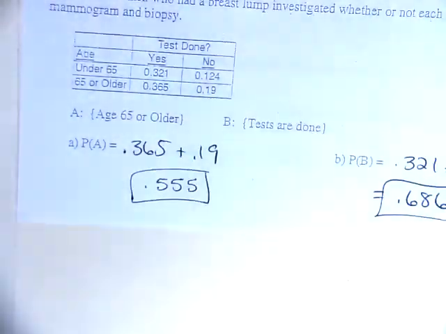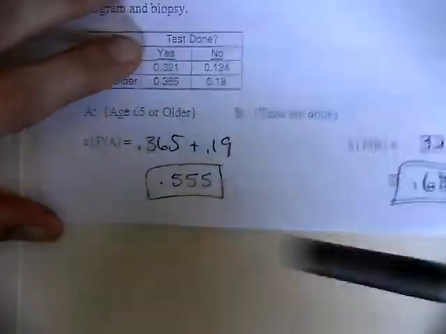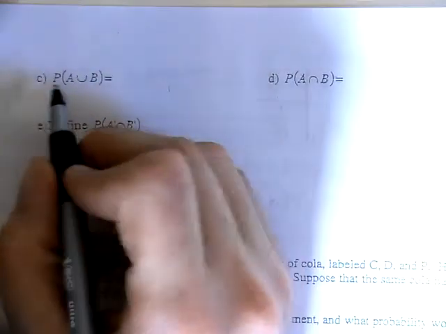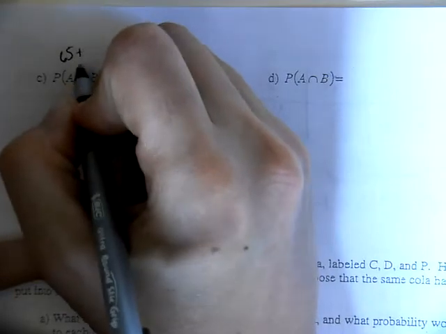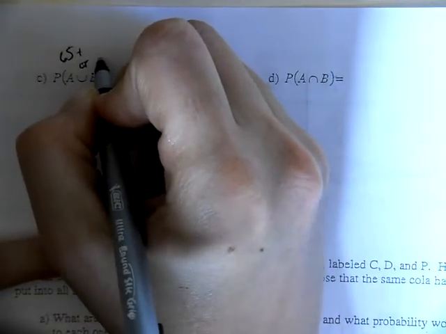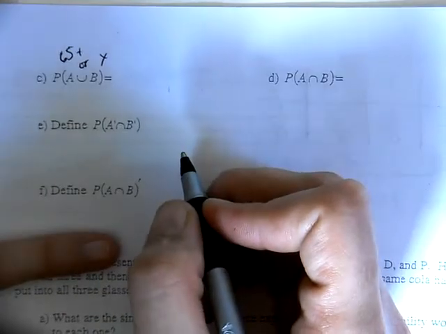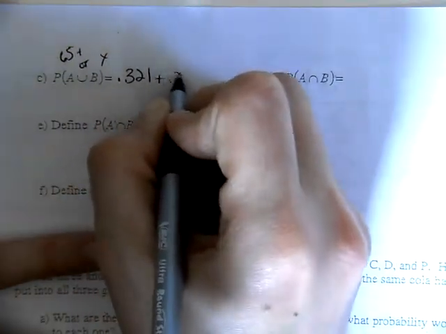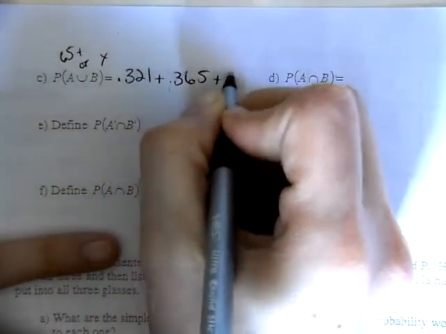Now unfortunately the other stuff's on the back, but I'm going to rewrite the table so that you can see it. So the probability of A or B, so either 65 plus or they had tests done, I'm going to add up 0.321, 0.365, and 0.19.